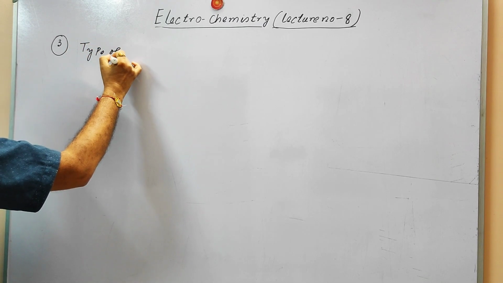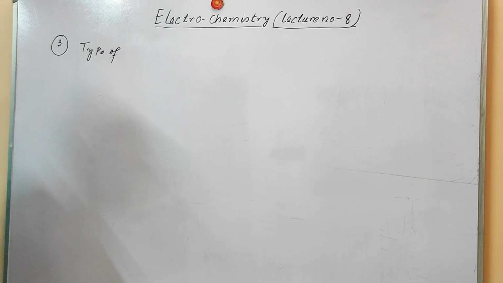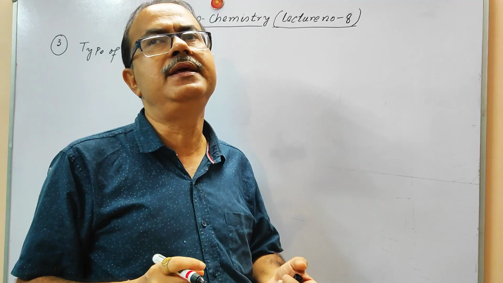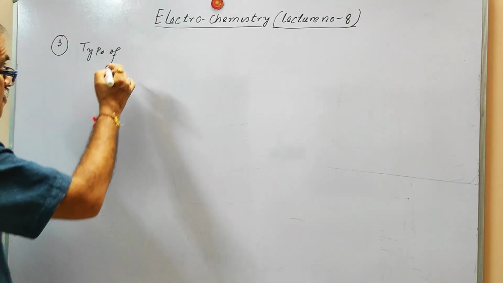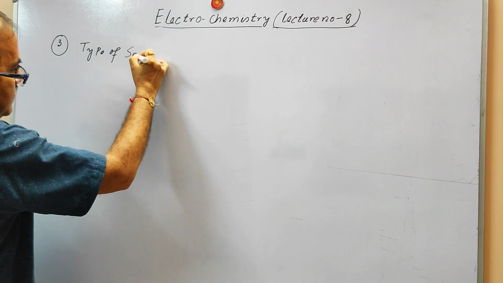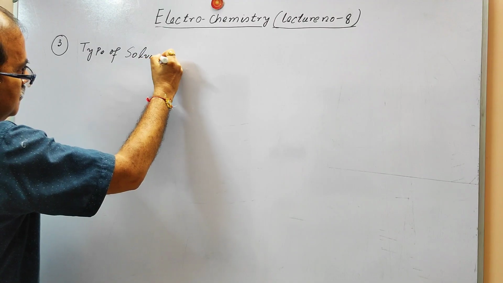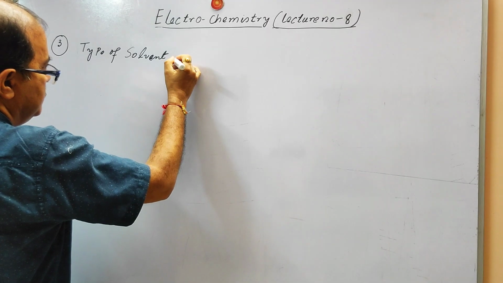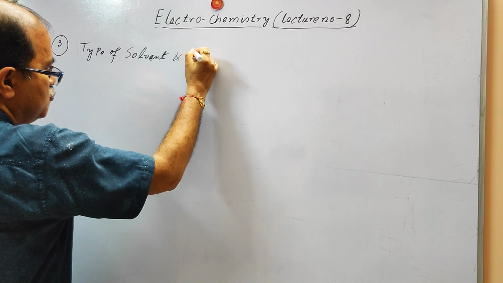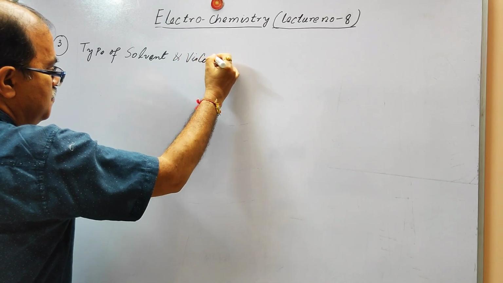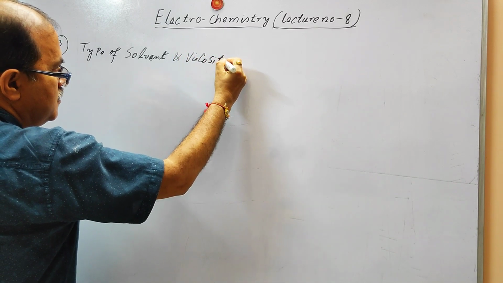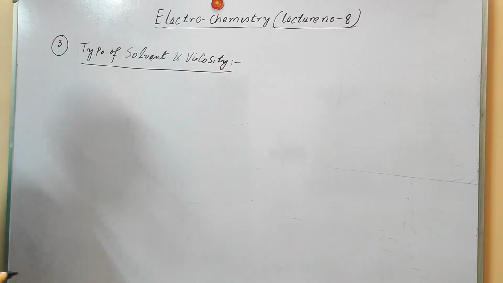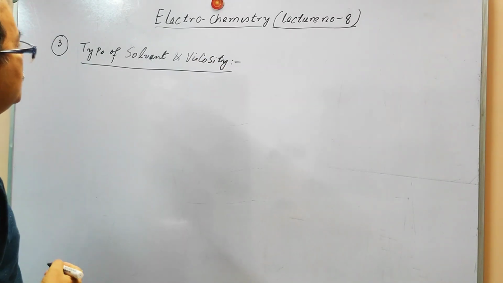Because we are talking about ionic solution, and ions can be dissolved in any solvent. So the type of solvent and viscosity are going to impact the conductivity of the ionic solution.